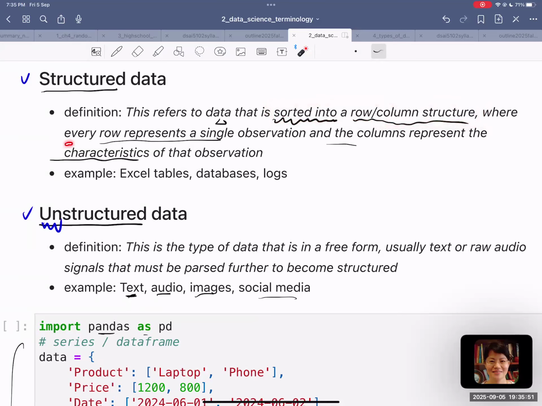Every row represents a single observation, and the column represents a characteristic of that observation. For example, every row is a year, like the first year, the second year, the third year, and the next one is the country or some economic indices and so forth.